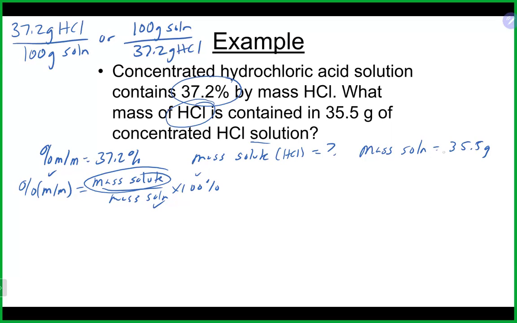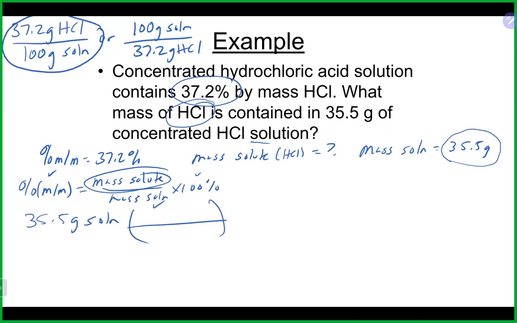So if you don't want to remember the formula, you could just take a more dimensional analysis sort of approach to it, which is, I know I have 35.5 grams of solution. Remember that opposites cancel, which means I do need solution on the bottom, which would be that guy right there. 37.2 grams of HCl divided by 100 grams of solution.